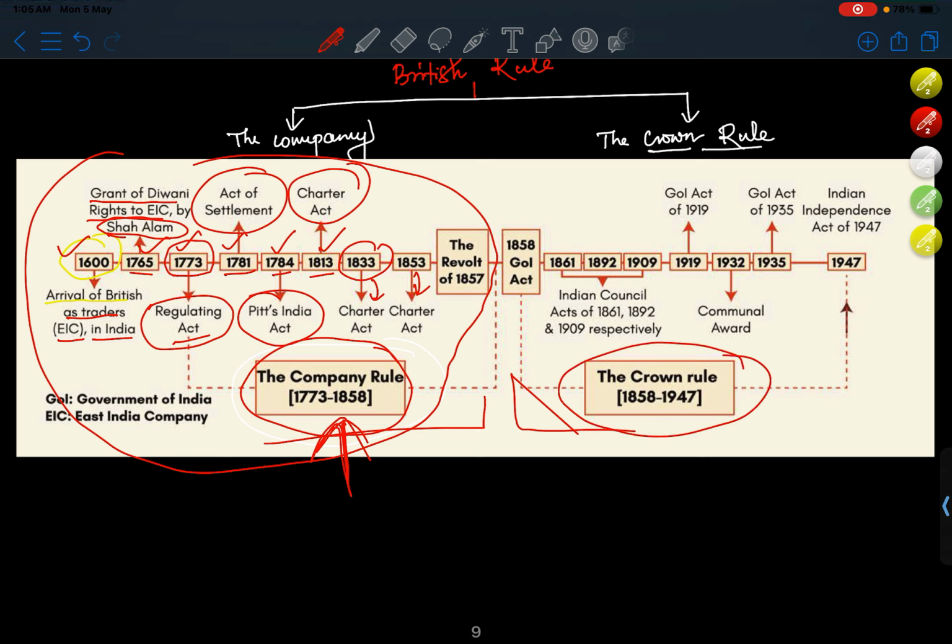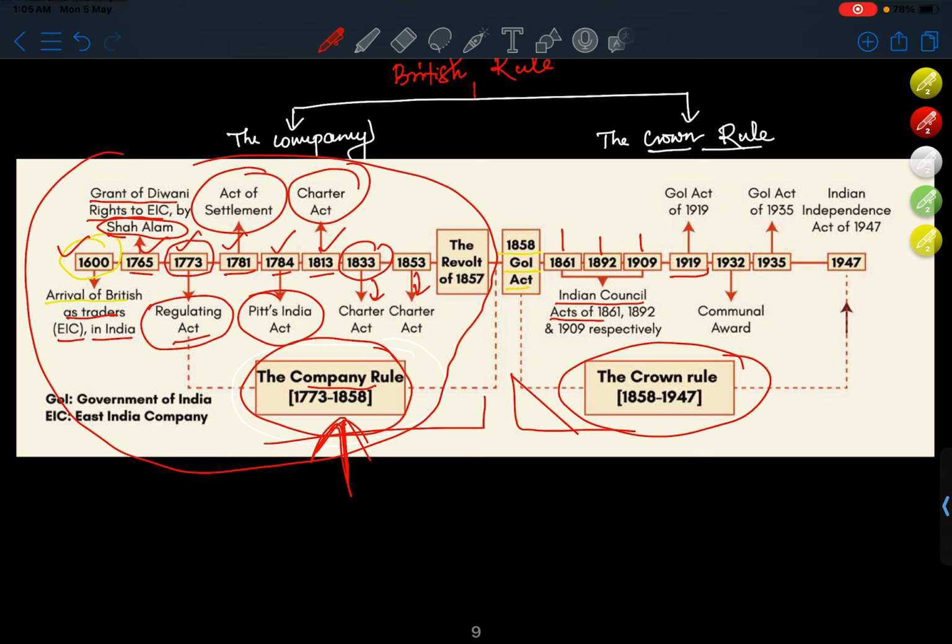Next, the company's rule was taken over by the crown, the British Parliament. Since the crown rule, the legislation and laws have been different from the company's rule. Now see the different acts: 1858 Government of India Act; 1861, 1892, 1909, these three were Indian Councils Acts.